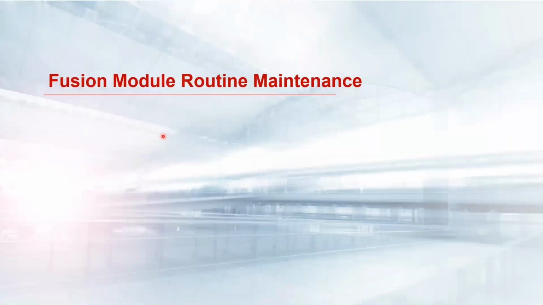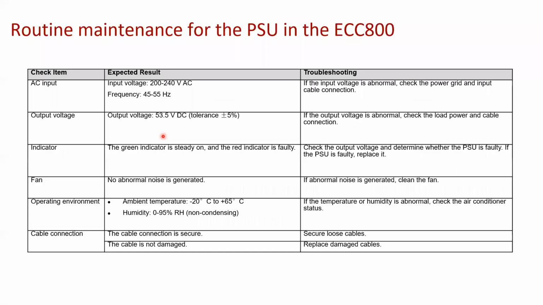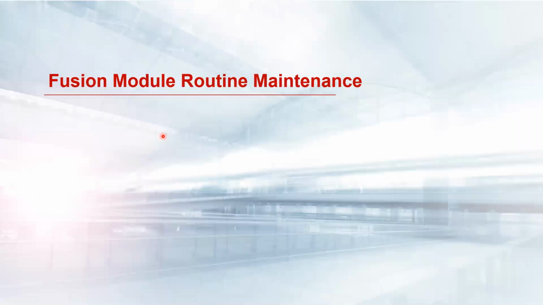Okay, now the next module is routine maintenance. As I mentioned, this is a complex machine and is responsible for keeping your IT environment running without impact, or without disturbing your data center environment. So routine maintenance is one way of taking proactive measures, because this entire unit has a battery which needs cyclical maintenance.